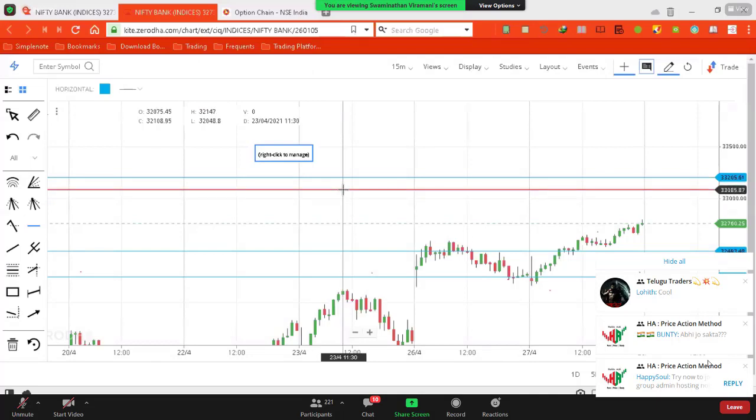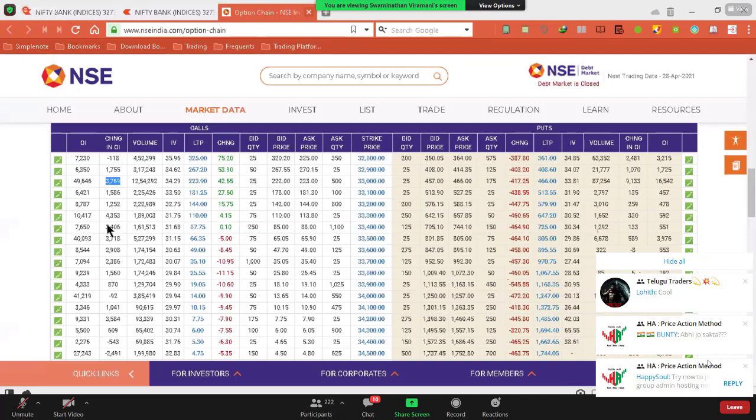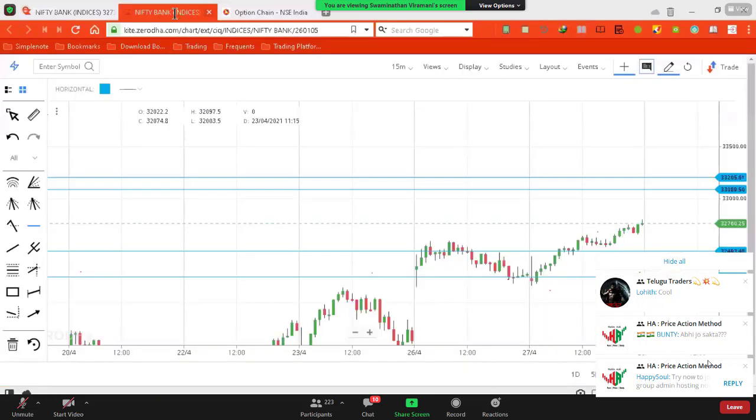And your first level of resistance is at 33,000, which is what your chart says. Your next level of resistance is 40,000 open interest at 33,500. I have not gone to that level in my marking. But is this enough for your trading tomorrow?